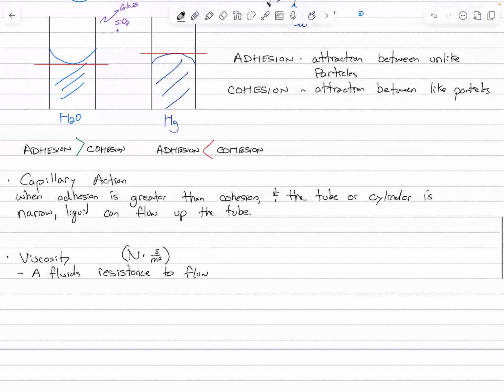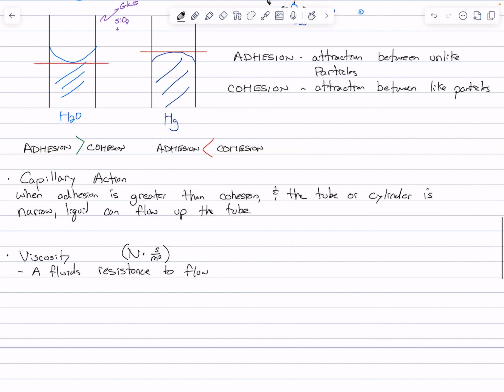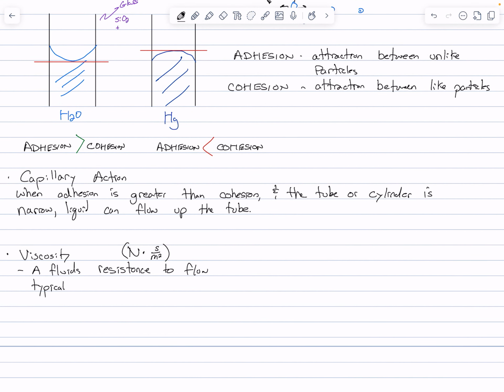It typically decreases with increasing temperature. So that means as the temperature goes up, the liquid flows more. And the key point here is that strong intermolecular forces equal larger viscosities.